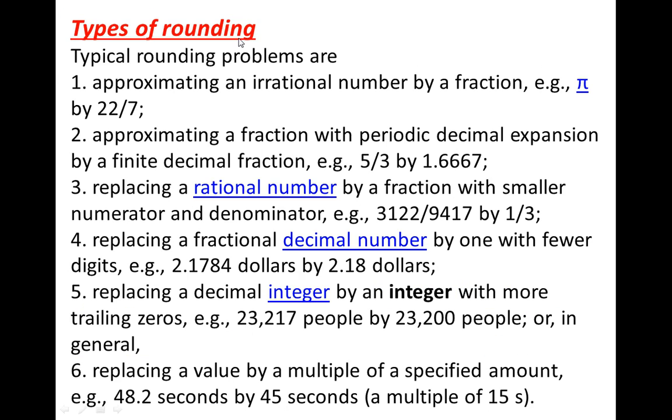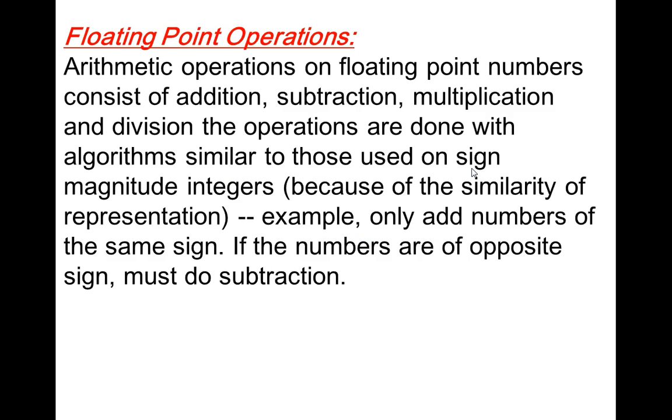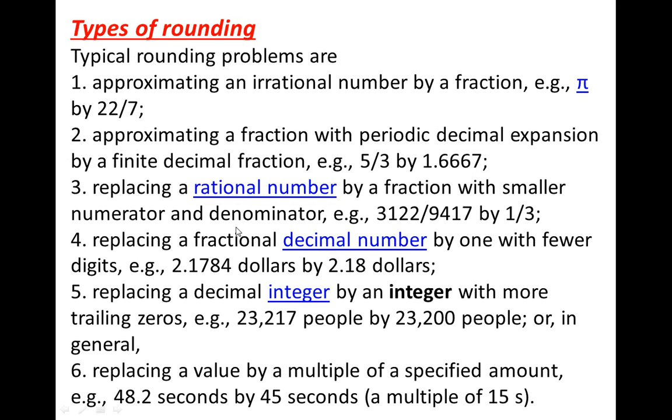Then the second point says another problem is that when we approximate a fraction with a periodic decimal expansion by a finite decimal fraction, for example 5 by 3 as 1.667, this also gives an error.